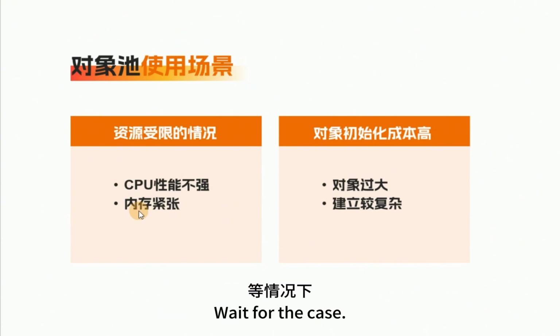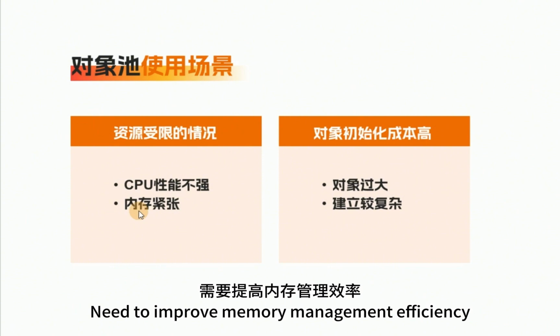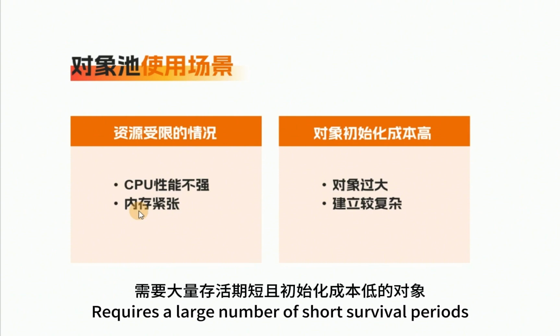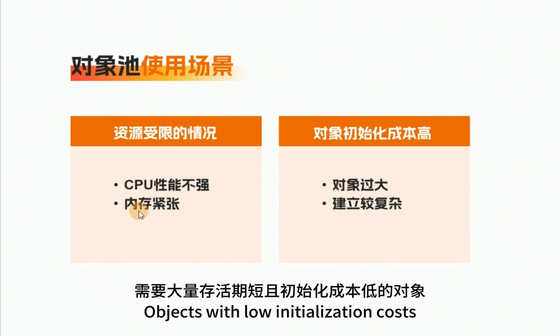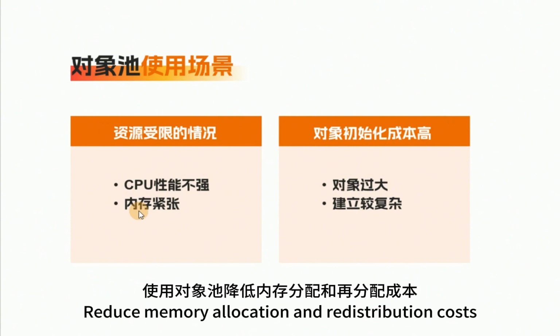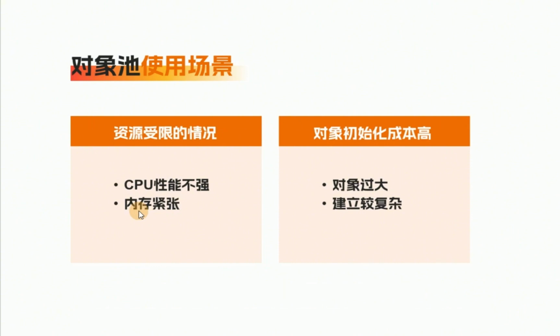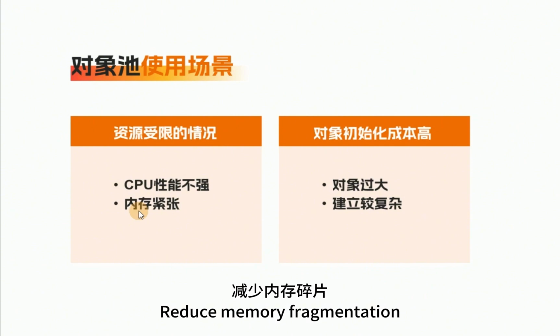Cases where you need to improve memory management efficiency, for example, when a large number of short-lived objects with low initialization costs are required. Using an object pool reduces memory allocation and reallocation costs and reduces memory fragmentation.